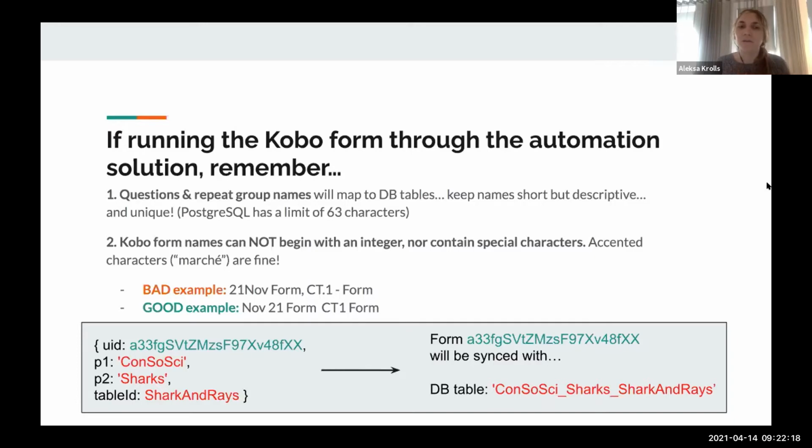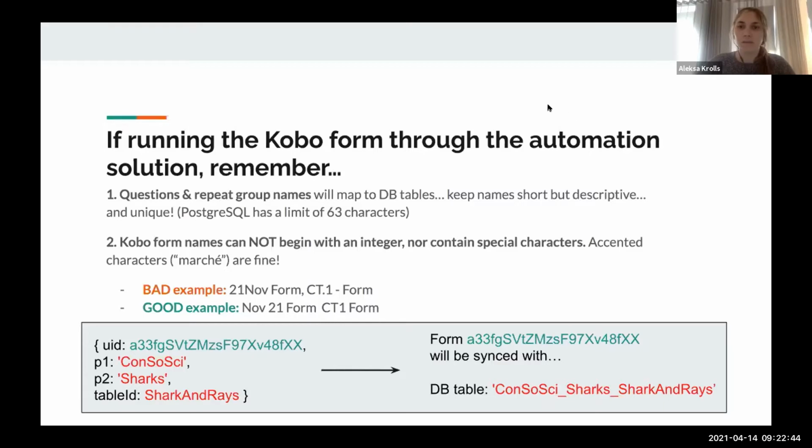If you're about to integrate a Kobo form, just do a quick check that you don't have any of those special characters, and then it should integrate smoothly. We have tested and accents are fine, so it's language friendly, but it's with these special punctuation marks and leading integers where we tend to run into problems. So those are the main considerations.